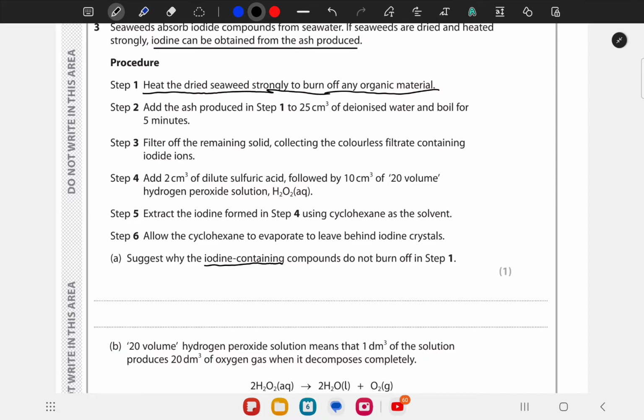The iodine containing compounds are ionically bonded, so they have a high boiling and melting temperature.